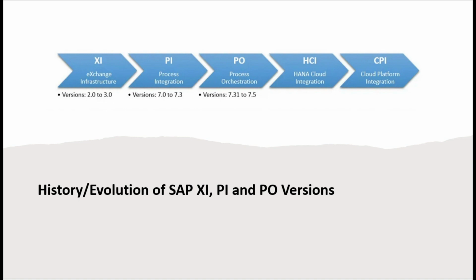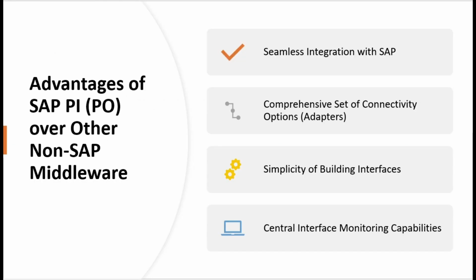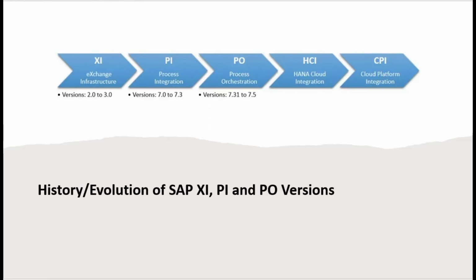In other words, some components of the system were installed in the ABAP stack while other components were included in the Java stack. So for example, integration engine and business process engine, right? So BPM were based in the AS ABAP stack, while adapter engine resides in the AS Java stack. We'll come to it at a later point of time in the details, but for now this is the information.